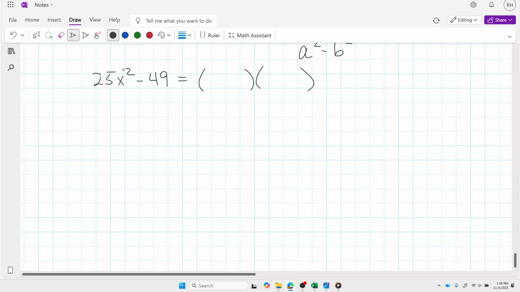The square root of the first term, what's the square root of 25x squared? 5x. No middle term, right? And another perfect square, so it's plus and minus. Square root of 49? 7, 7. You're done.